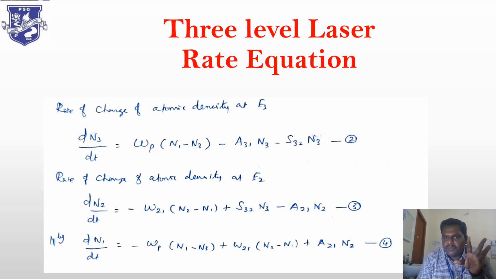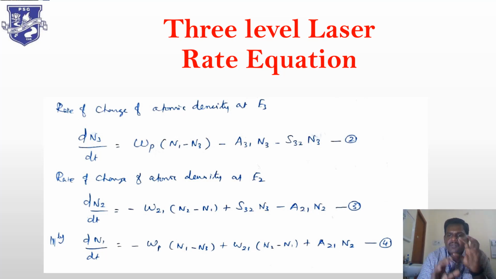These two transitions take the atoms from E3 to other states, so we treat them as negative terms, which means these two actions reduce the population of atoms in the N3 state.